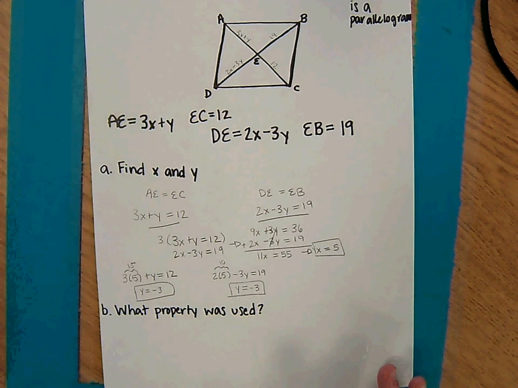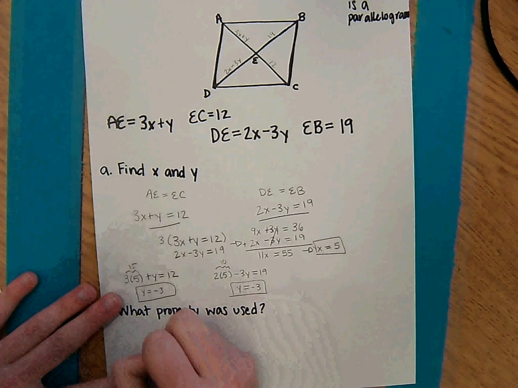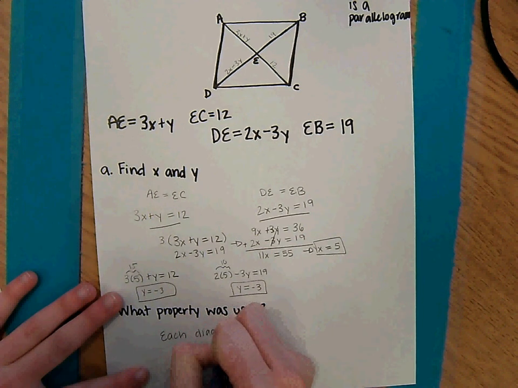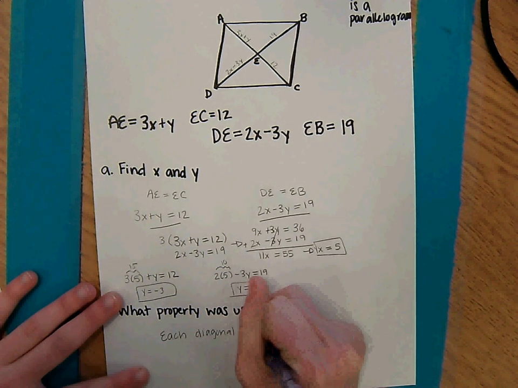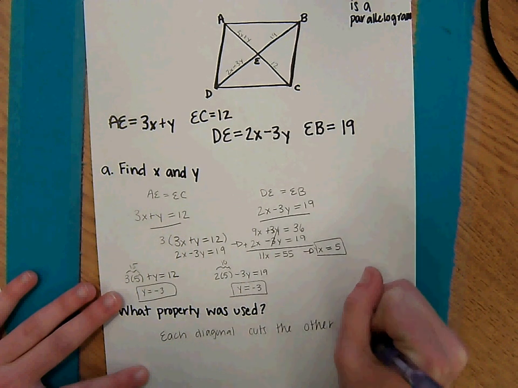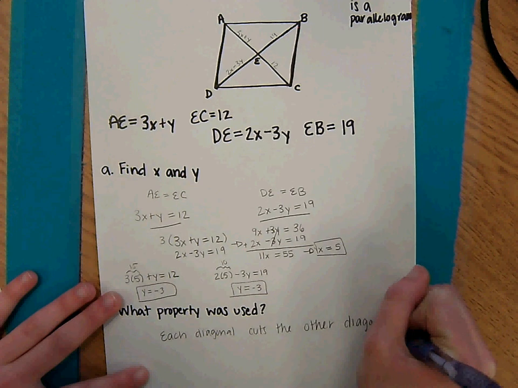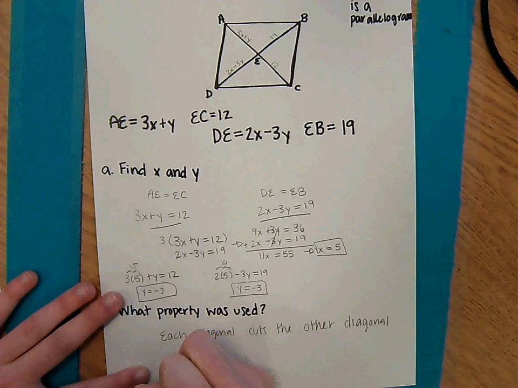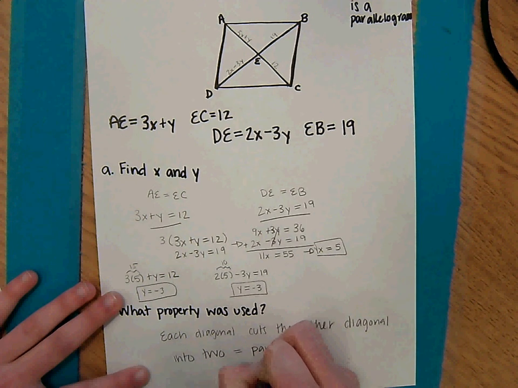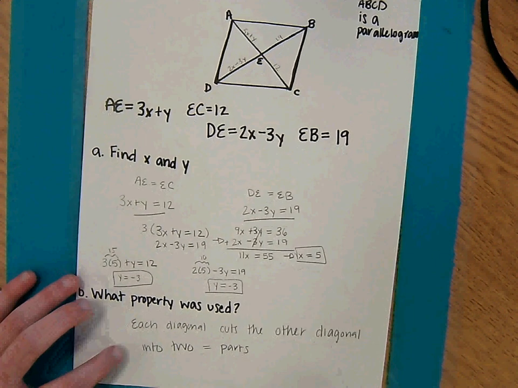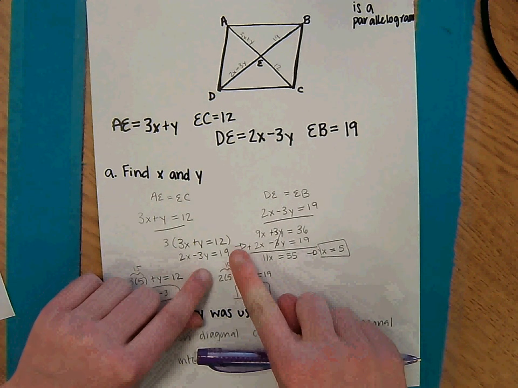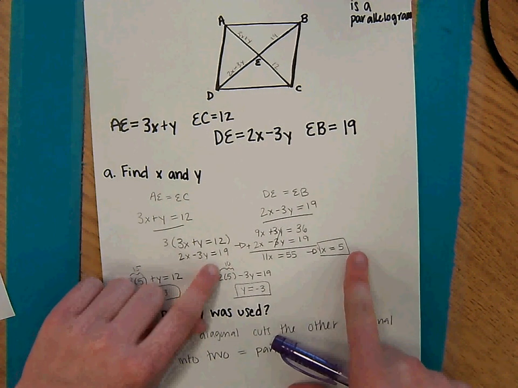And so to write that out: each diagonal cuts the other diagonal into 2 equal parts. And that's how we were able to put them equal to each other, and that's how we were able to get the system of equations to find what x and y were.